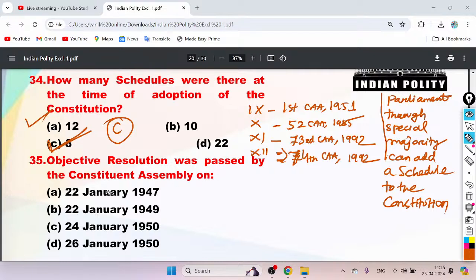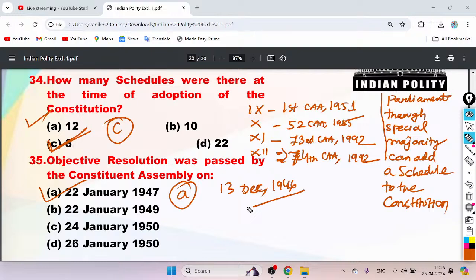Objective resolution was passed by the Constituent Assembly on 22nd January 1947. It was moved on 13 December 1946. And this objective resolution contained the ideas, the philosophies of the future constitution. It described India as a sovereign independent republic, and later it was modified into sovereign democratic republic.